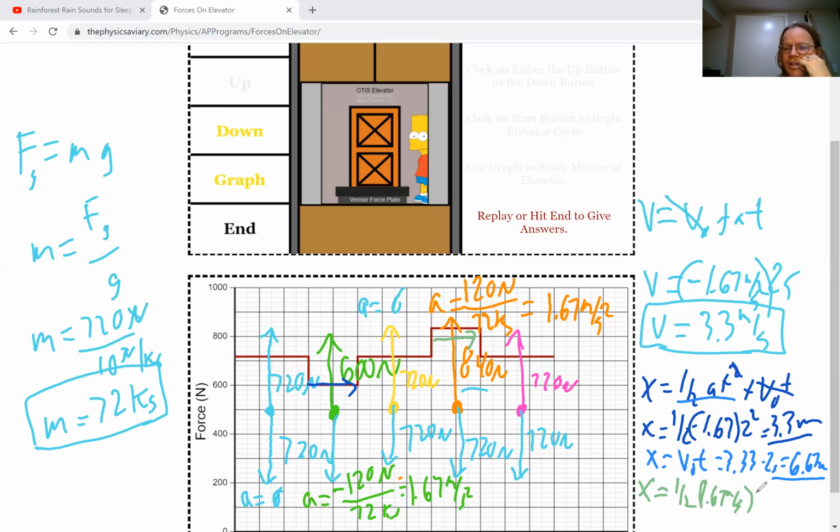Happens for 2 seconds. Now here's the thing, remember we're going 3.3 meters per second initially. So if I'm using this equation, I've got to use that. It's not 0 anymore. But be careful, it's going downward. So that's a negative 3.3. You got to be very careful about that. So plus a negative 3.3 meters per second times a time of 2 seconds.